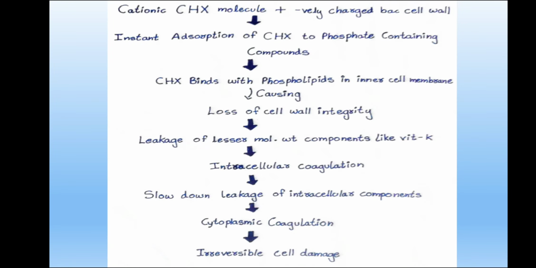The cationic chlorhexidine molecule acts on the negatively charged bacterial cell wall and is instantly absorbed to phosphate containing components. Then chlorhexidine binds with phospholipids of the inner cell membrane, which causes loss of cell wall integrity.